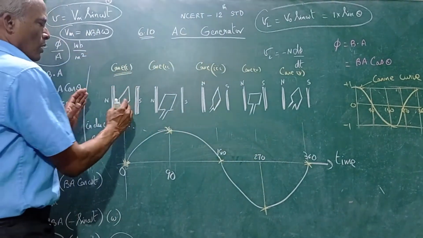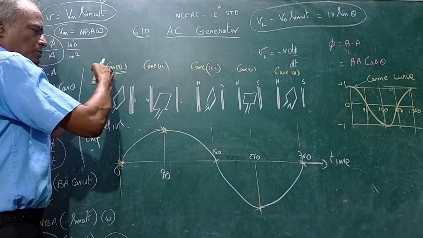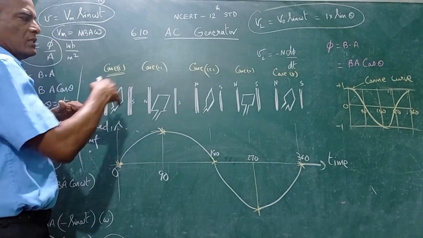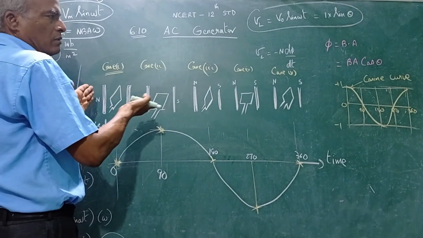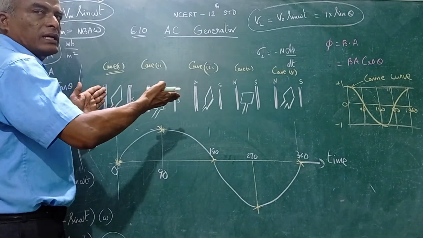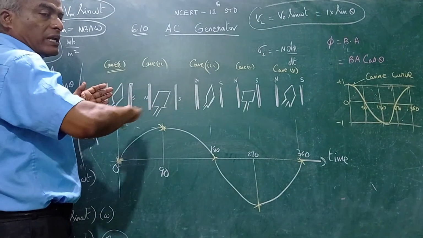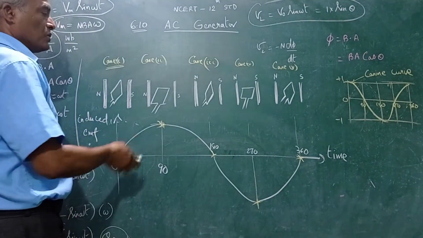So, north pole, south pole. Now, this rectangular coil is perpendicular, therefore cos 90 is 0, so the flux is 0. Now, when it comes horizontal, the plane of the rectangular coil is in parallel with the magnetic lines of force.